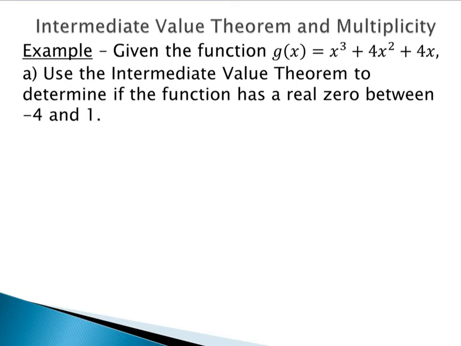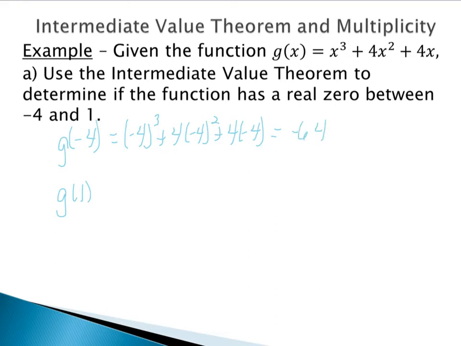So we're going to need to find g of -4 and g of 1. For g of -4, we're just substituting in. We have -4 to the third plus 4 times -4 squared plus 4 times -4. -4 to the third is going to be -64.